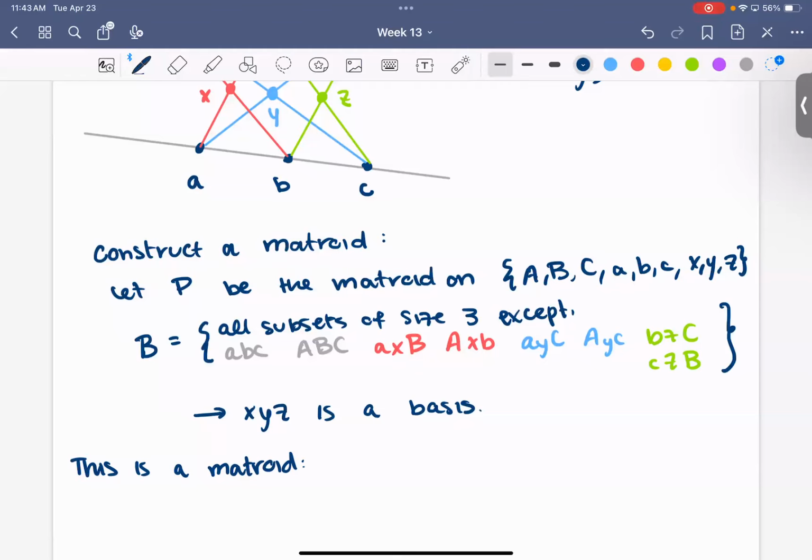There's software where you can type in your potential bases, and it will tell you whether or not what you typed in is a matroid. So you'll just have to believe me that this is a matroid.